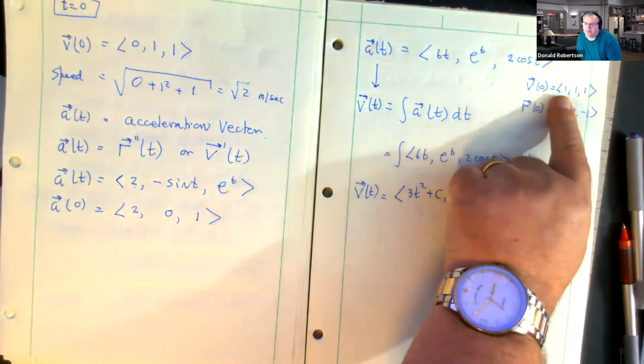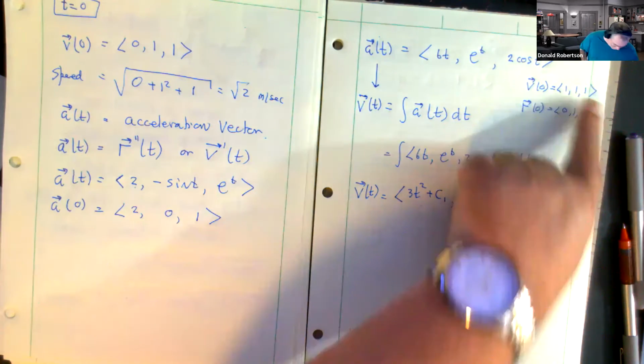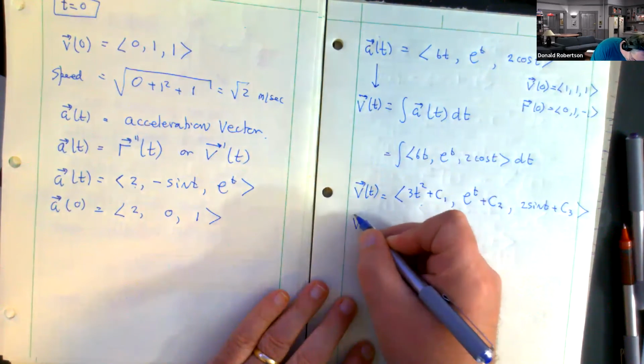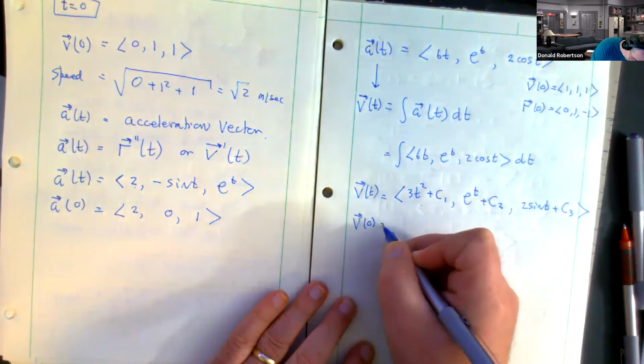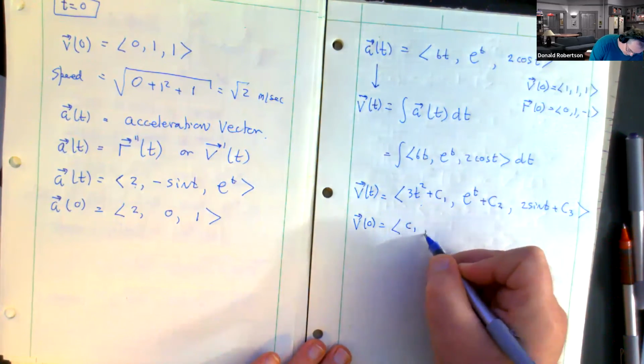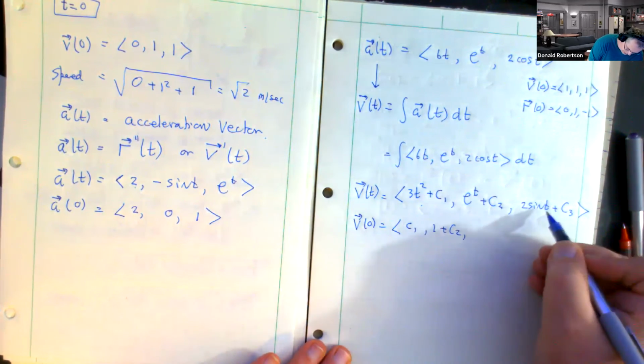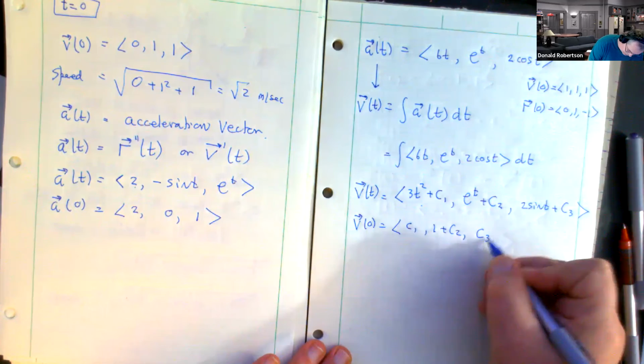Now I'll use this boundary condition that the velocity at 0 is 1, 1, 1. So the velocity at 0 equals 3 lots of nothing, still nothing, so you get C1. E to the nothing is 1, so you get 1 plus C2. And the sine of nothing is nothing, so you get C3.